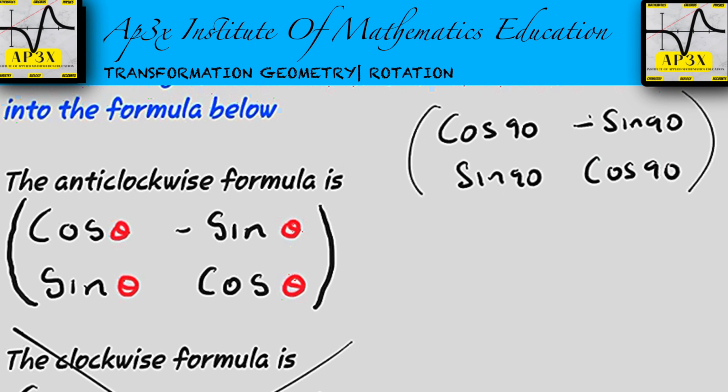By plugging that in and grabbing our calculator, you're going to find that the cosine of 90 is in fact 0. The sine of 90 is 1, but the negative is in front of the sine 90, so it becomes minus 1. Sine of 90 is 1, and the cosine of 90 is 0. You have that option.